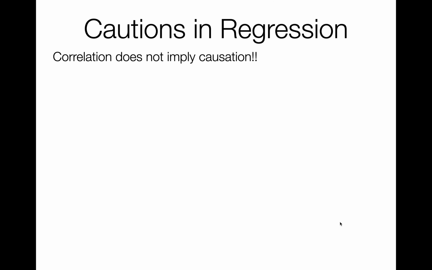And what that means in my smoking and lung cancer example that I talked about in the first videos of this lesson is that it seems generally accurate that there is a correlation, or an association, between smoking and lung cancer. Smokers are more likely to get lung cancer than non-smokers. But it doesn't mean that smoking causes lung cancer.